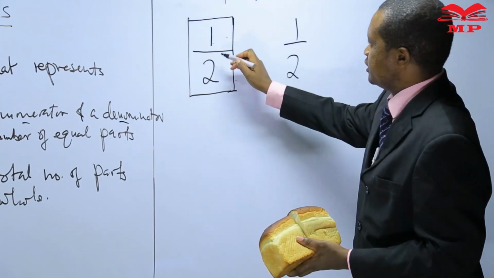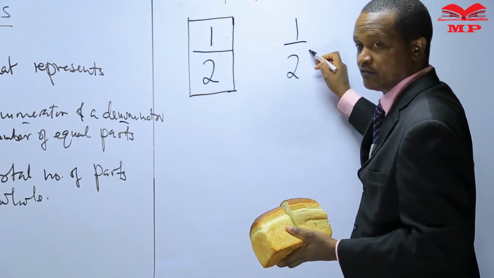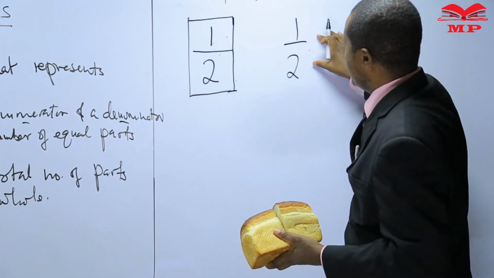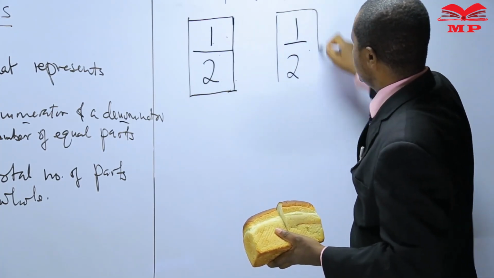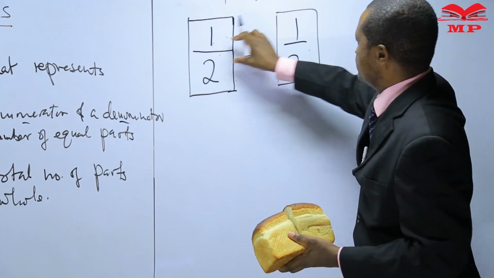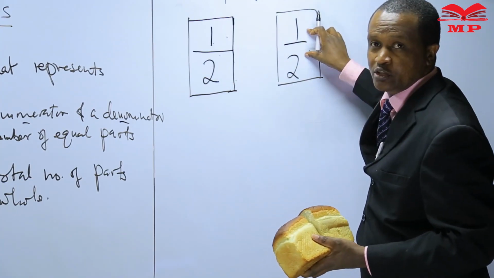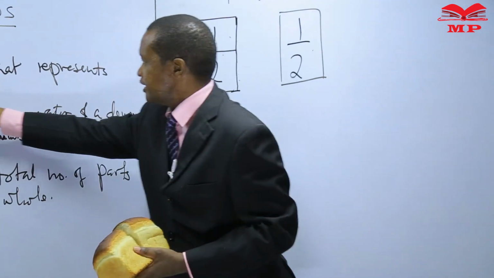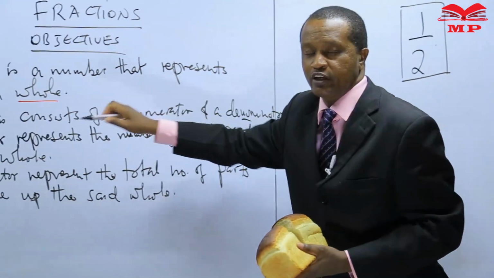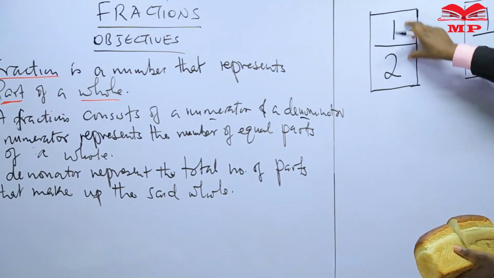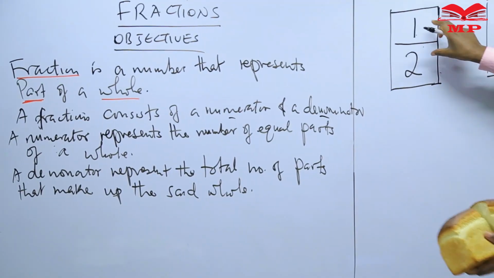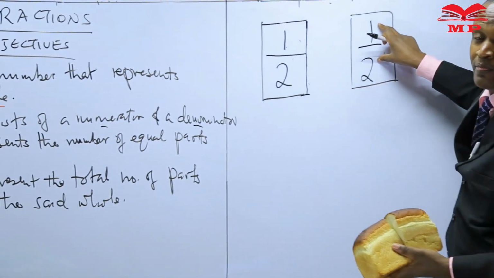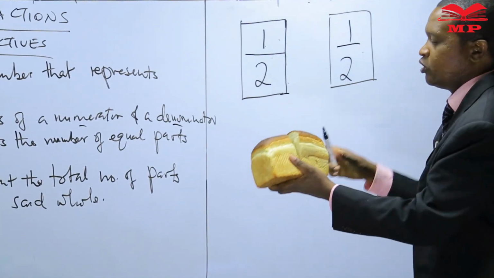So these 2 are called fractions. And how did we define fraction? A number that represents part of a whole. So this one is a fraction representing part of this whole. Likewise, this one here is a fraction representing part of this whole.